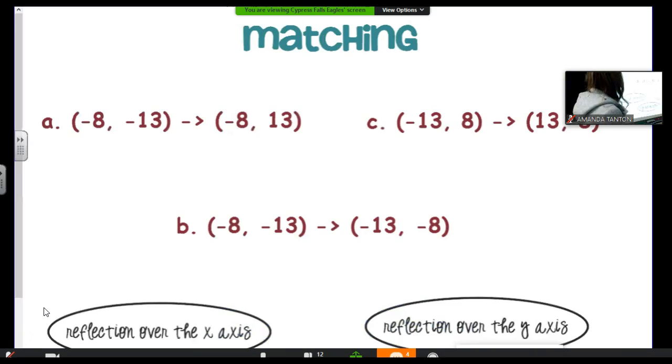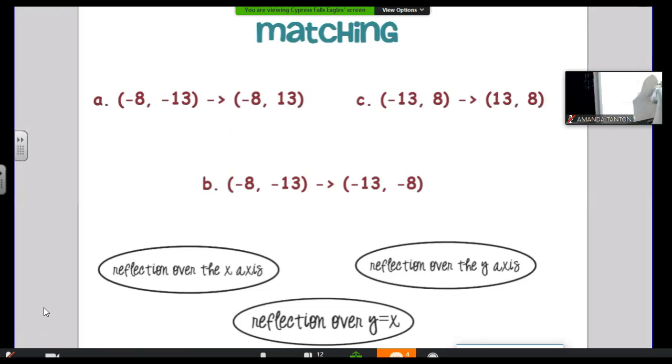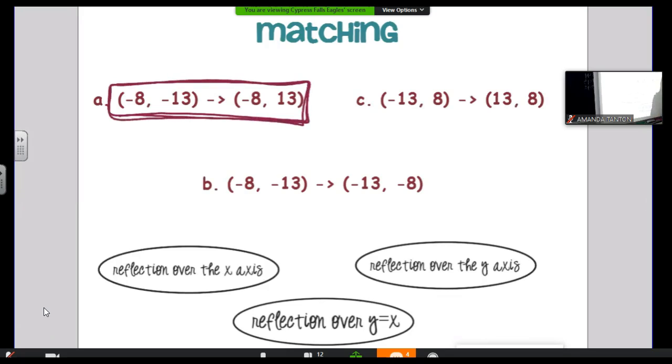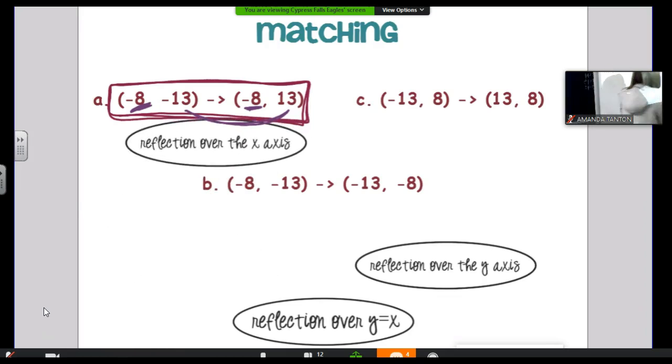All right, let's do some matching. Take a look at these coordinates. What do you notice happened from the pre-image to the image? Well, x stayed the same, right? And y changed signs. So when y changes signs, that's a reflection over the x-axis.